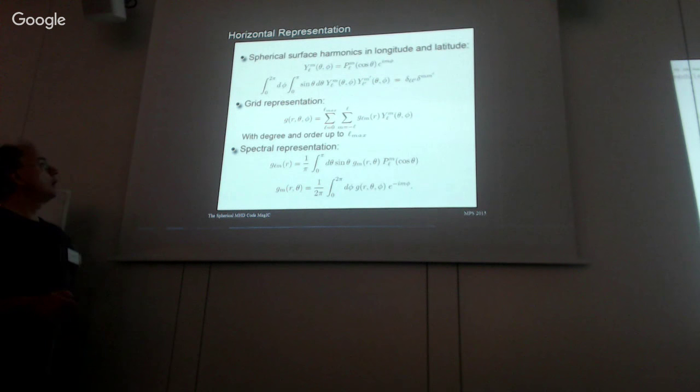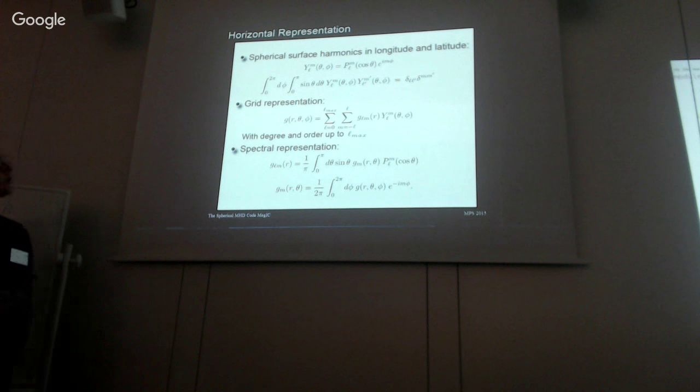Okay, and now, how do we actually transform? So first of all, as I said, we use spherical surface harmonics in the latitudinal and longitudinal direction. These are defined like this, for example, where these are called Legendre polynomials. They describe the latitudinal dependence, and then it's just an e to the i m phi, just a Fourier dependence for the longitude.